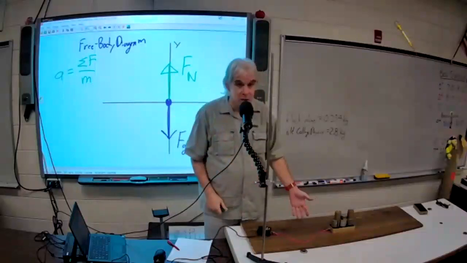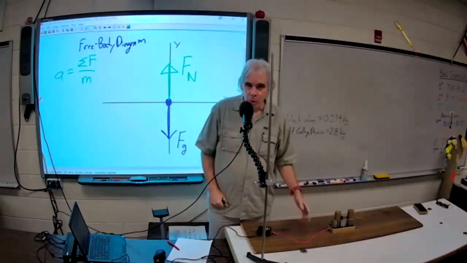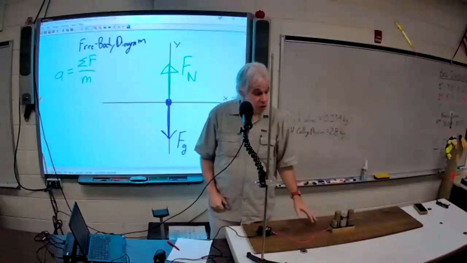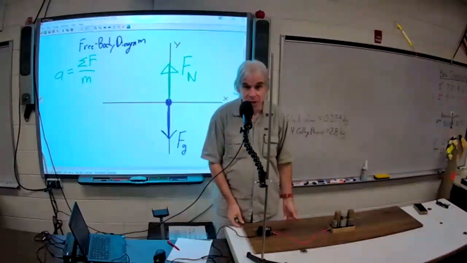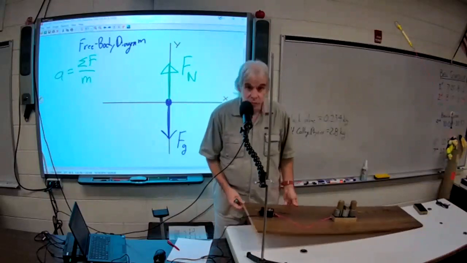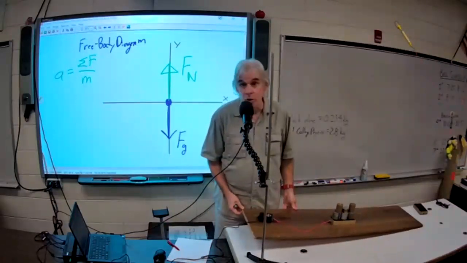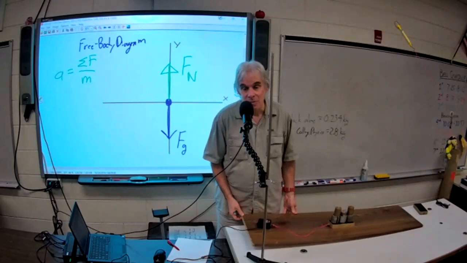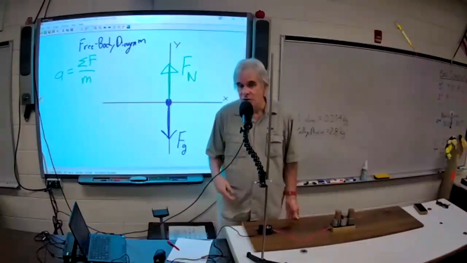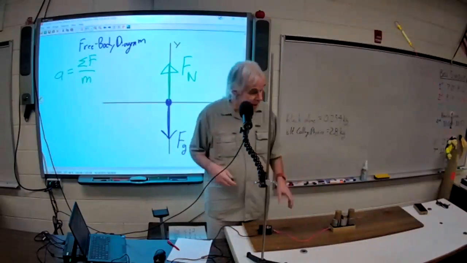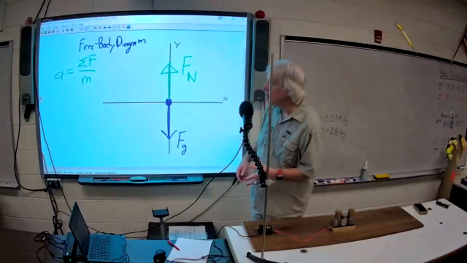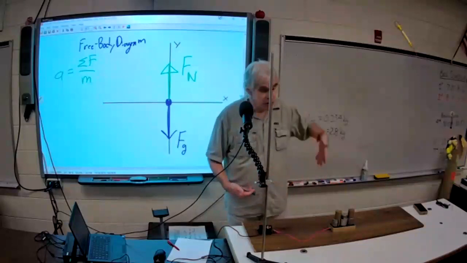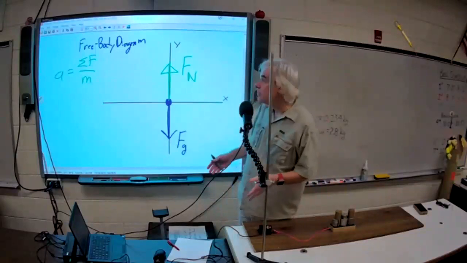Call this a normal force because it acts perpendicular to the tabletop. It's pushing straight up. It doesn't always push straight up. If this tabletop were, for example, tilted, then it would still push perpendicular to the surface, but that would no longer be straight up. We'll deal with that situation on a later day. So I know these two have to equal each other because in the y direction, there's no acceleration. The forces have to cancel.